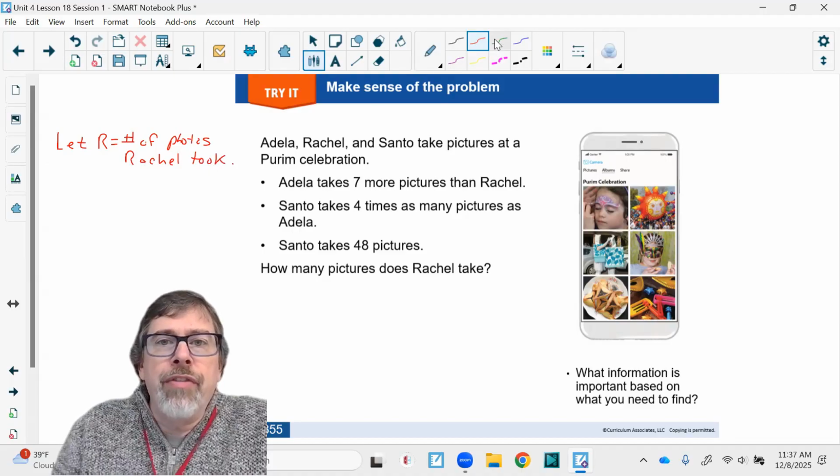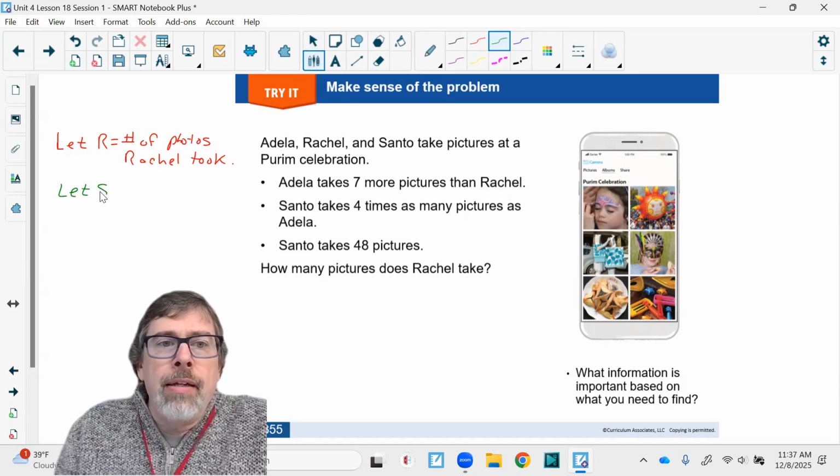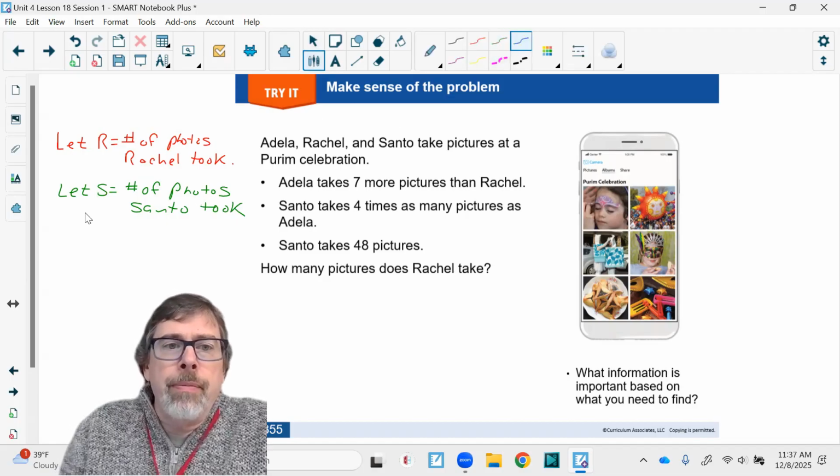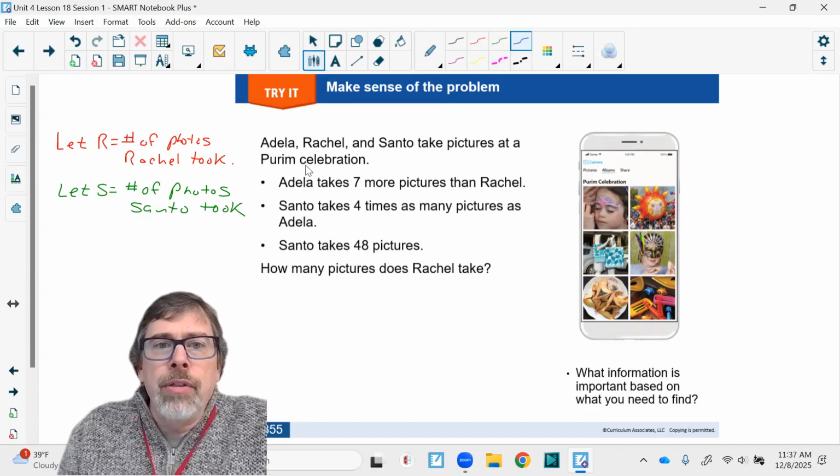Okay, we have to identify our variables. We're going to let S equal number of photos Santo took. Okay. And then who else is there?